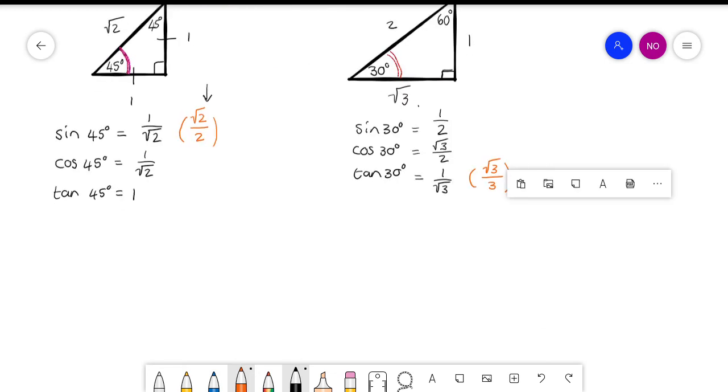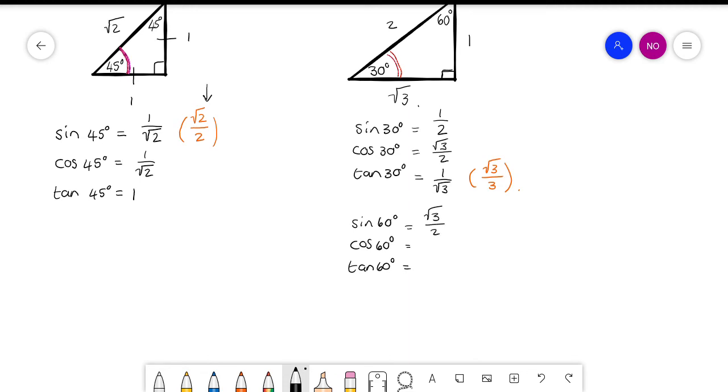Now let's do 60. I just want to show you guys the link between sine of 30 and cos of 60.